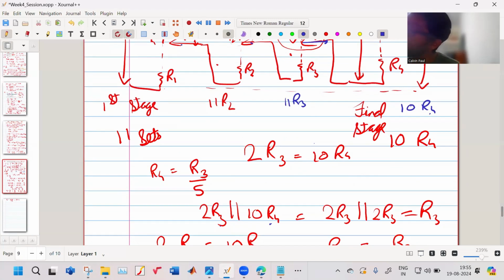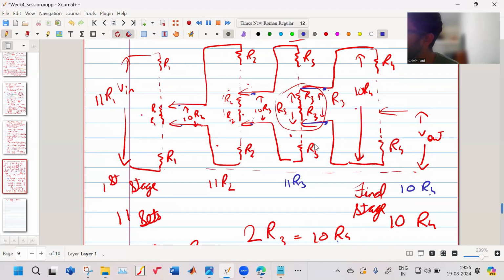And because he chose 2 R3 is equal to 10 R4, you get the effective resistance R effective to be equal to R3.